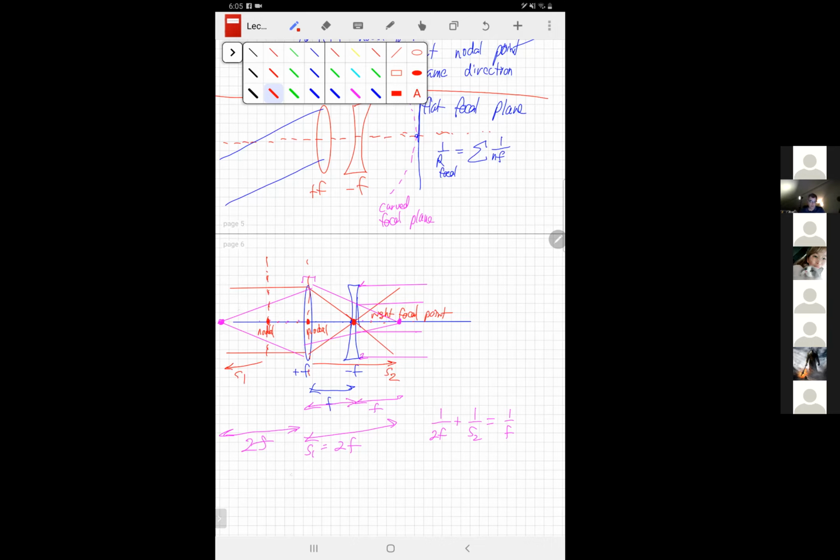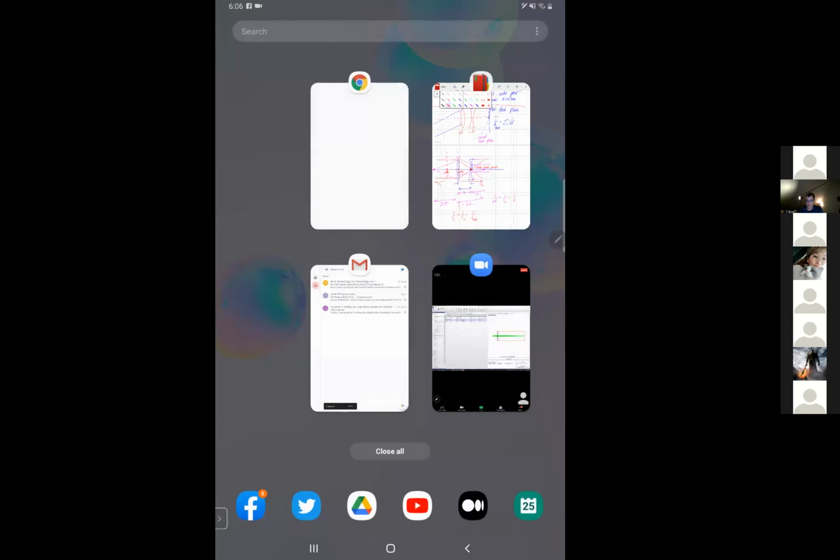The thin lens equation would work. 1 over S1 plus 1 over S2 equals 1 over the effective focal length. And I'm going to prove that, but everyone's brains are fried. So let's take a 10-minute break and then I will prove that.